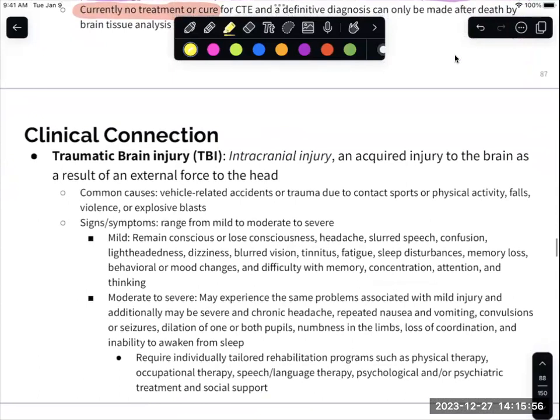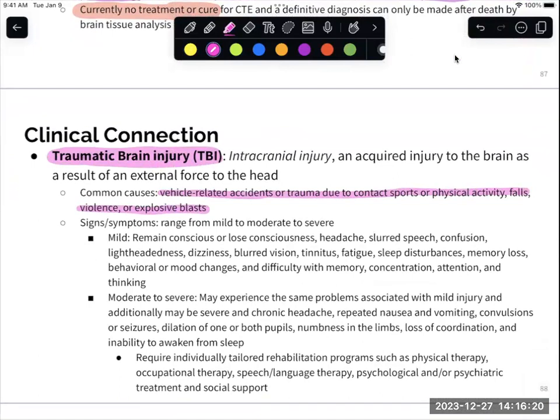Another one, traumatic brain injury. This is an intracranial injury, and it's usually a result of an external force to the head, like car accidents, contact sports, physical activity, falls, violence, explosive blasts.